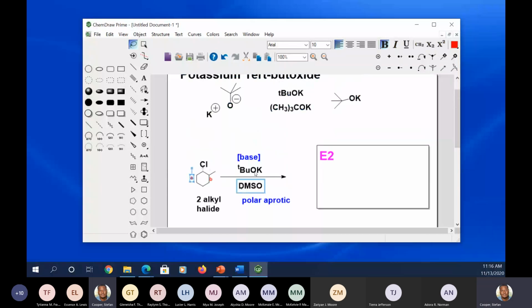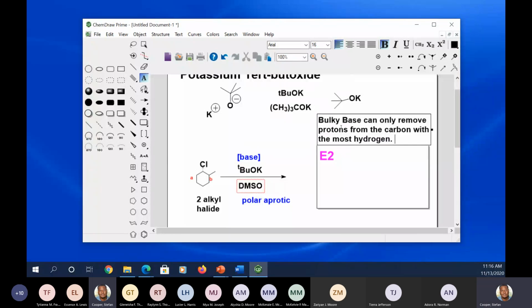All right, so the trick with the bulky bases, let's put this up here. A bulky base can only pull, or I should say remove, protons from the carbon with the most hydrogens, right?